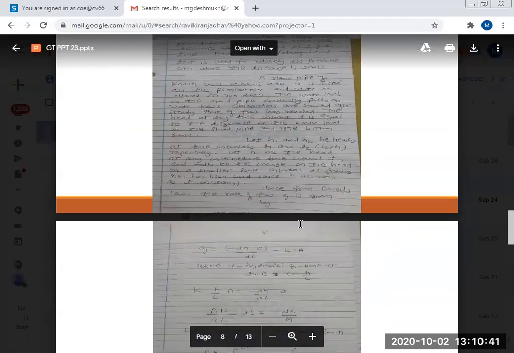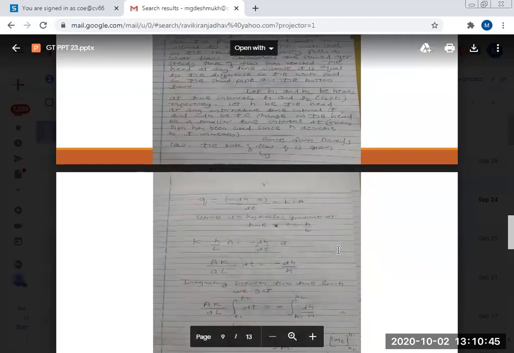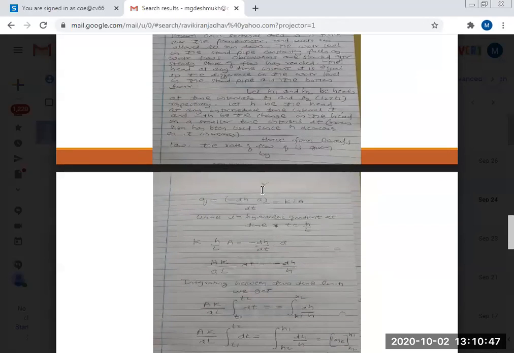So now you know that discharge is given by Q is equal to volume by time. As it is falling, therefore negative has been taken. Volume is given by area into dH, height of fall into area, divided by dt.